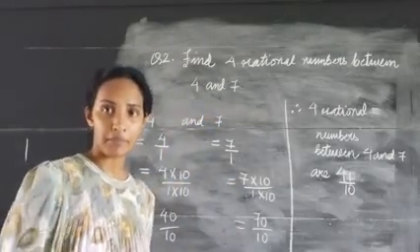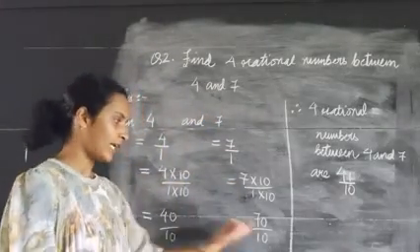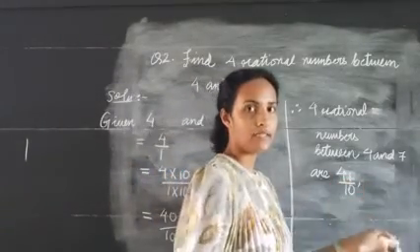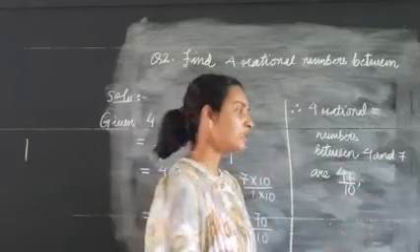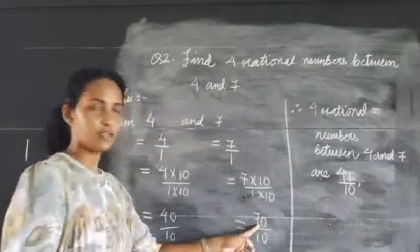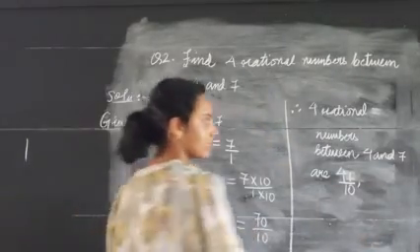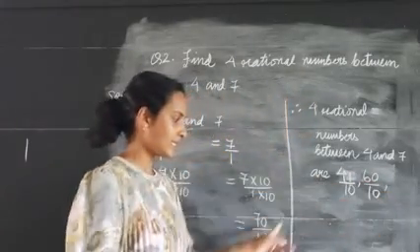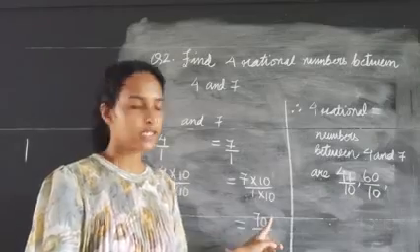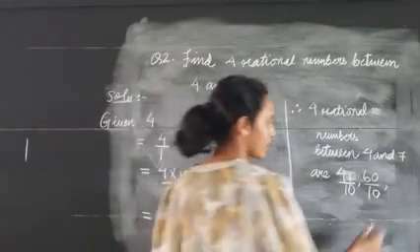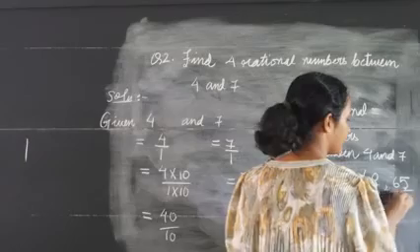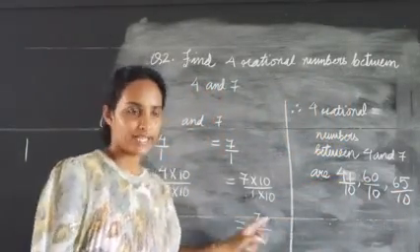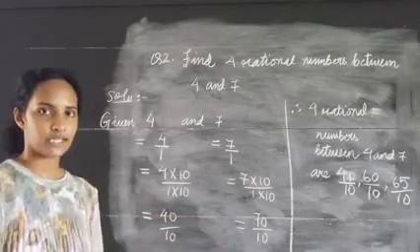You can take any number in the numerator between 40 and 70, right? So let me take some other numbers as well. I can take 42 by 10, but instead of that, let me show you another example. Since it is 70, I can also take 60 by 10. 60 is less than 70, so I can take 60 by 10 as well. Now, another number, 65 by 10 I can take. Why? 65 is less than 70. It lies between 40 and 70, so I can take that.